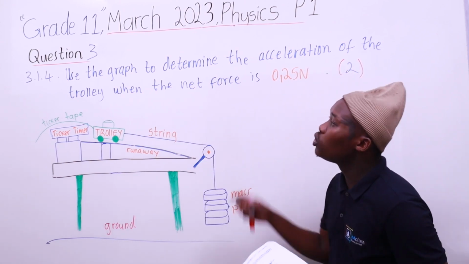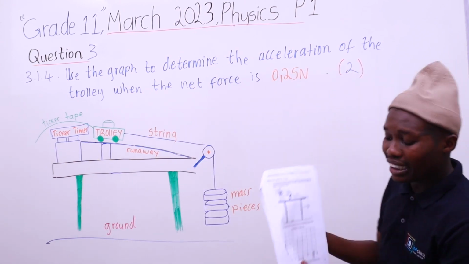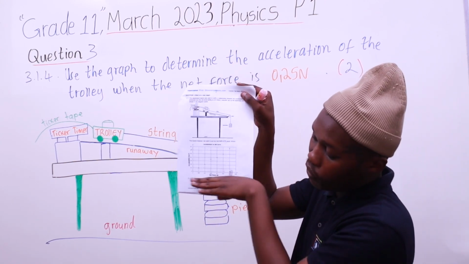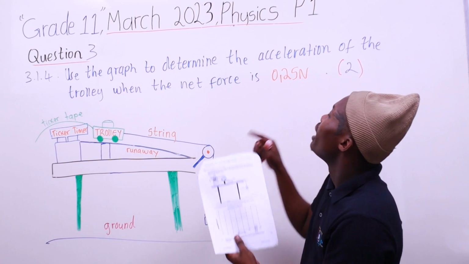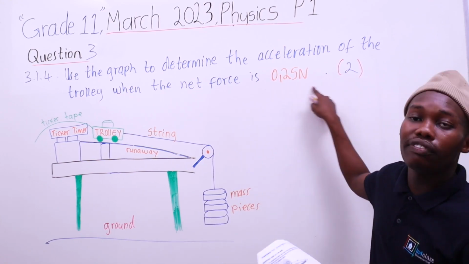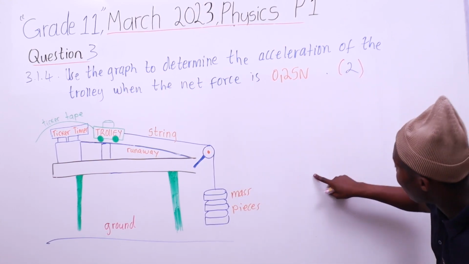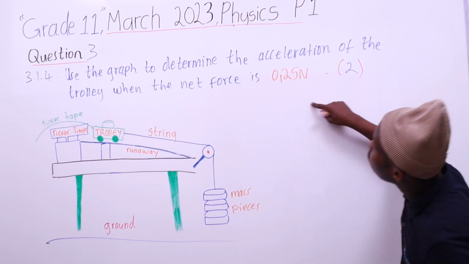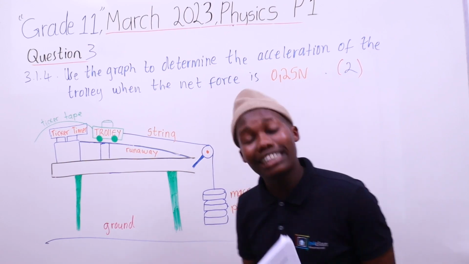So how do you get your answer? Acceleration on the graph is the y-axis, and net force is the x-axis. So at 0.25 on the x-axis, you go up until you touch the graph, then you go across to the y-axis and check where it touches y.